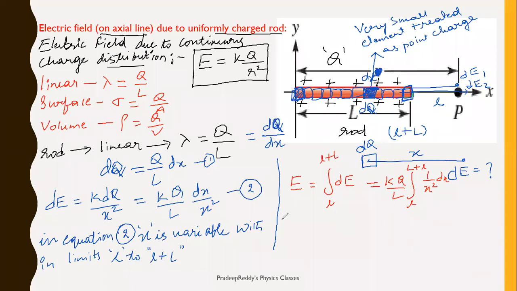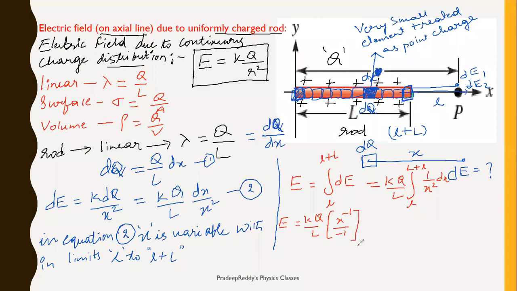If you integrate this, you will get K capital Q divided by L into the integral of 1 by x square dx, which is x power minus 2 plus 1, that is x power minus 1 divided by minus 1.